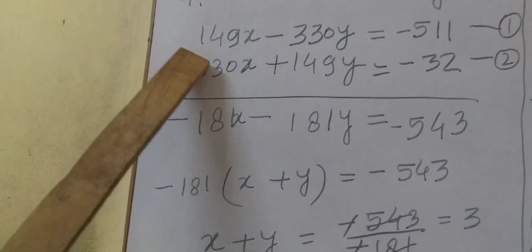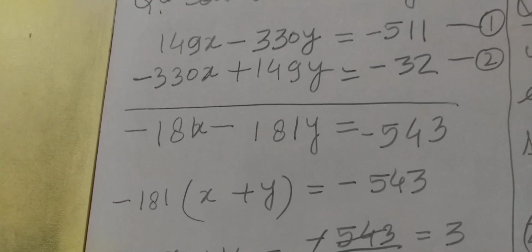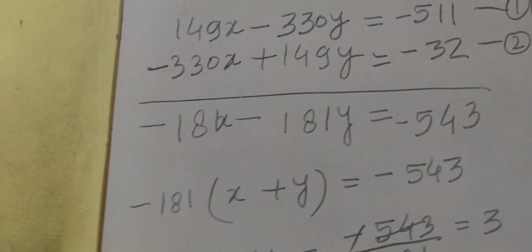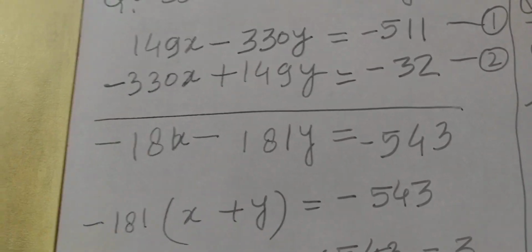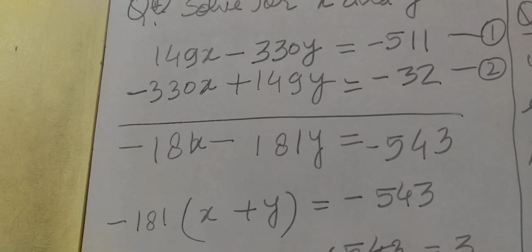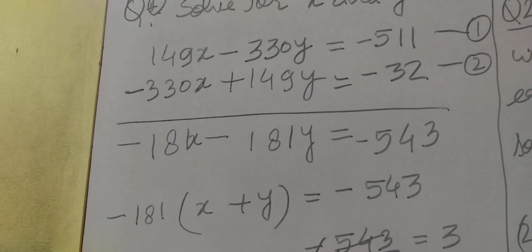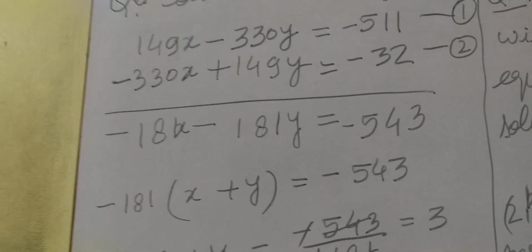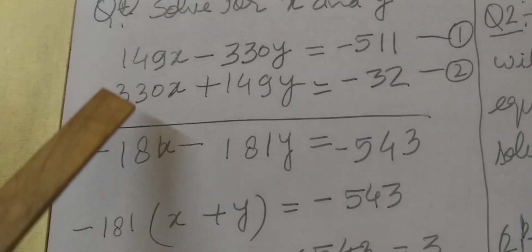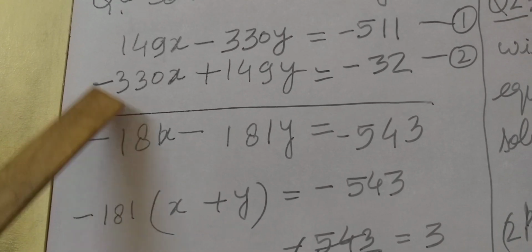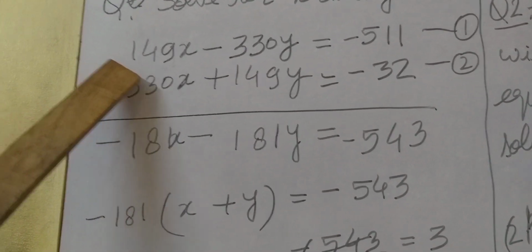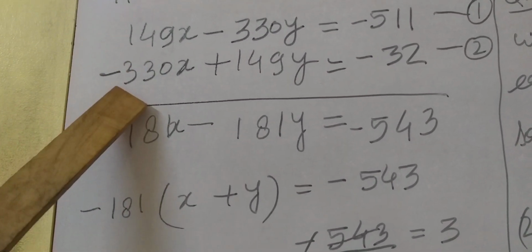Okay, so when this kind of situation is there, in this case we can add both of them first, then we have to subtract both of them as it is. Okay students, so let us add both of them. This is negative, this is positive, so both are subtracted.